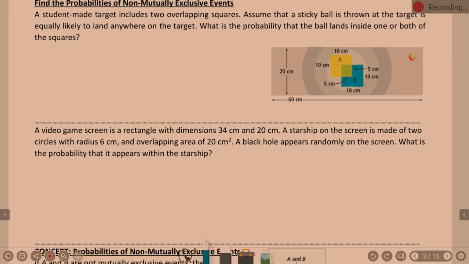How many square centimeters the target's squares take up out of the whole thing? When he's talking about how many square centimeters the squares take up, we're talking about finding area. When you're asked to do probability in this scenario, we're finding area. So, before we put this mathematically into probability, what areas do we need to know?